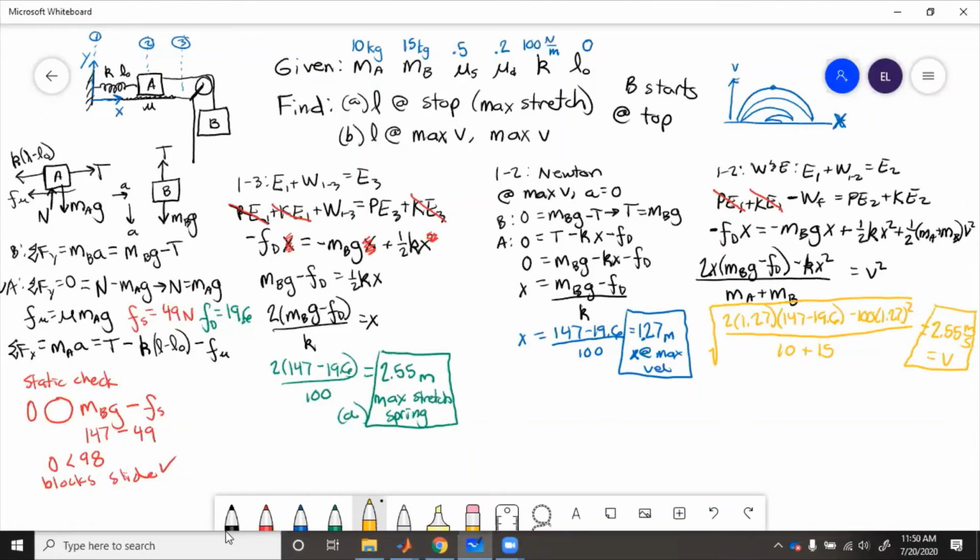So velocity, this is the max speed. Then the spring length is going to be half of the longest possible spring length.